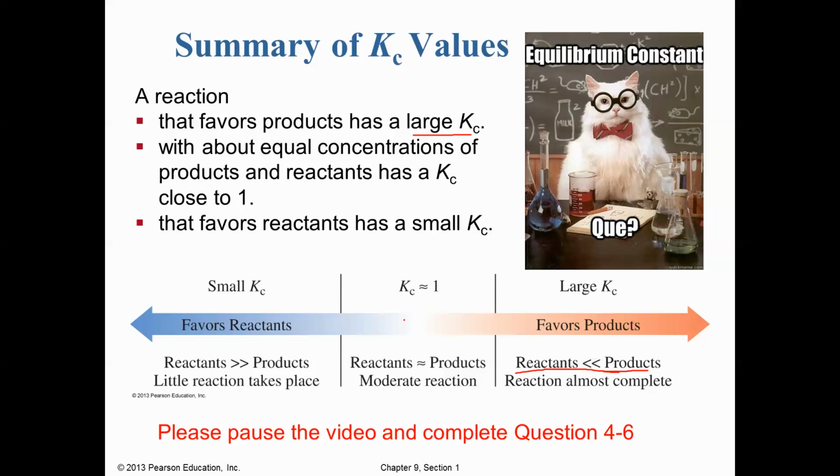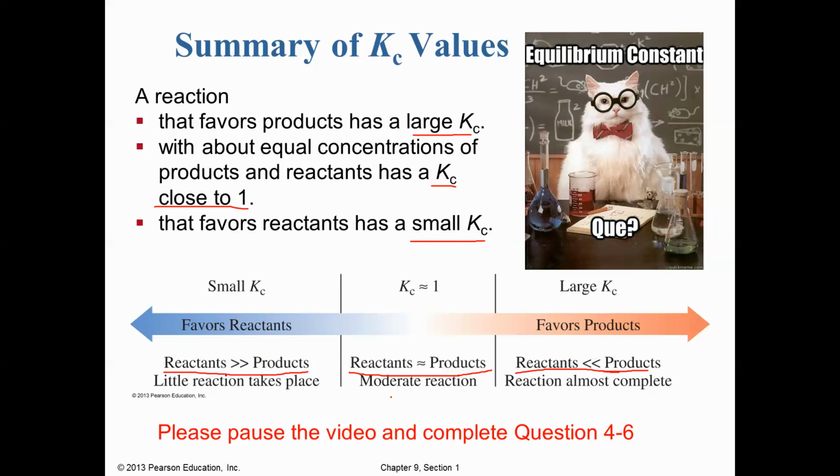Now if our K is equal to 1, that means that our numerator and our denominator in our ratio are about the same, so we have equal amounts of products and reactants, more or less. And then also we can have a small value of K. If we have a small value of K, that means we have a lot more reactants than products.